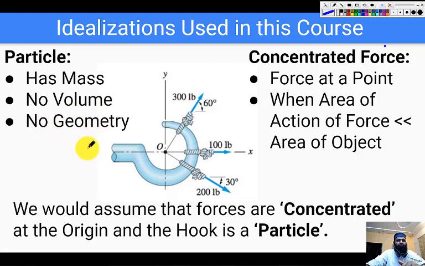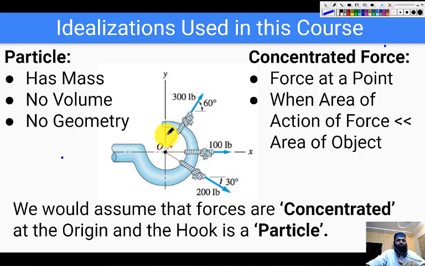What I really mean is that it's actually just a dot in space. Even if I make the smallest dot, I can always zoom in on it and see that it would have some geometry and some volume. But here we would assume that any particle has no volume and no geometry. So here we look at this example of a hook.